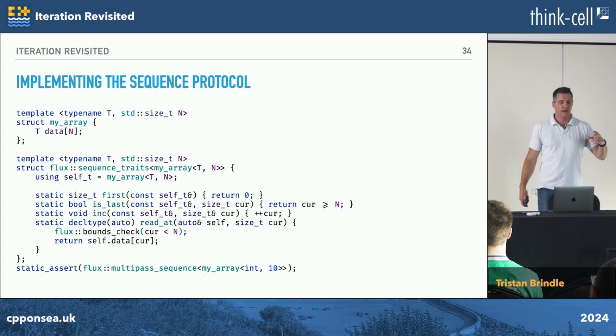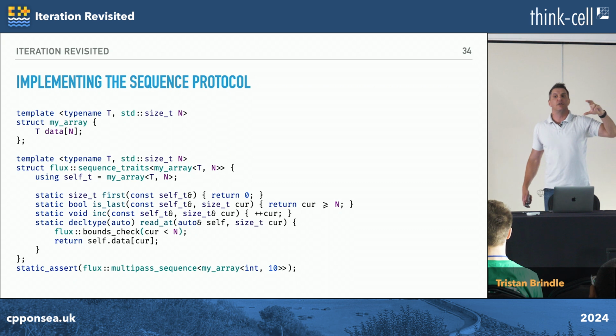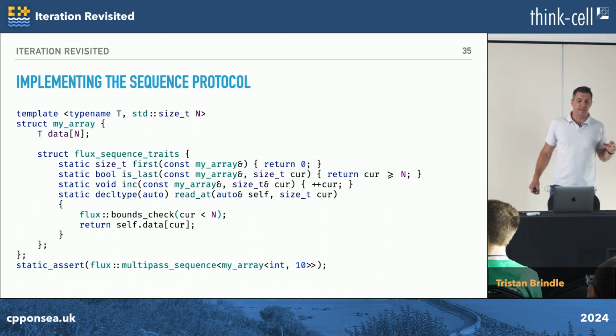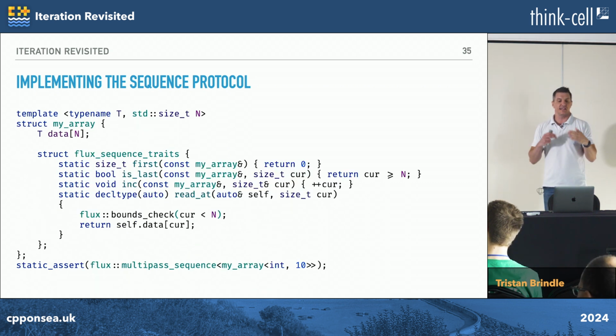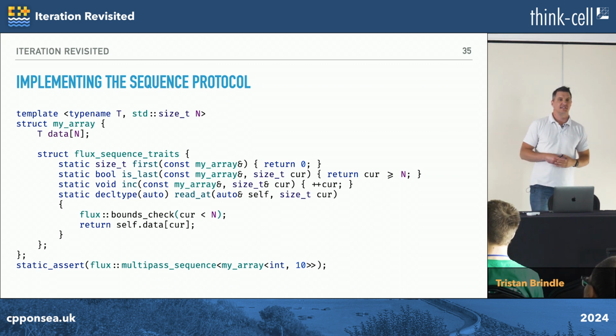In fact, there is a kind of shortcut way you can do this as well. If you are the owner of myArray in this case, and you don't mind modifying the myArray class, you can implement these sequence traits directly in the class. You can have a public nested type called flux_sequence_traits, and it's exactly the same code, now written in the class instead.